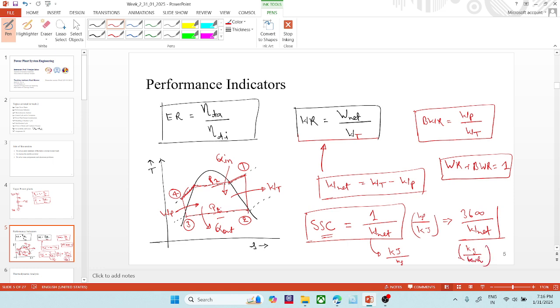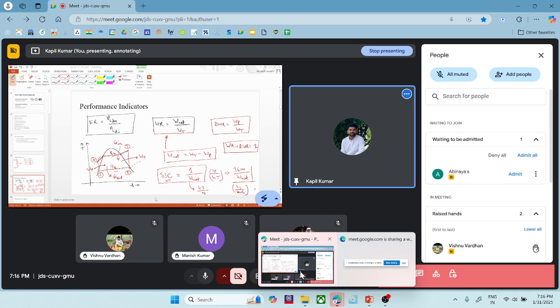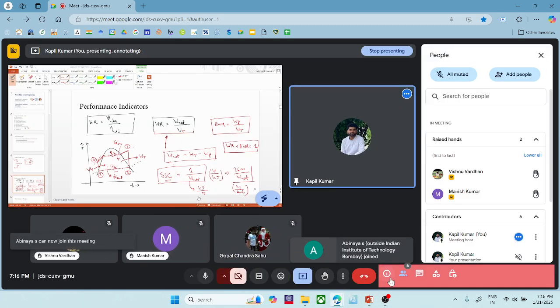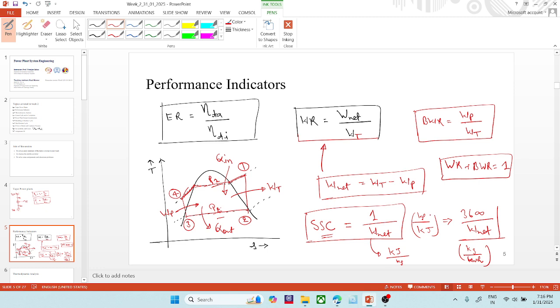Because in kg per kilojoule or kg per kilowatt second, the value would be very small. So generally we calculate it in terms of kg per kilowatt hour. So I assume that all these things you have come across.